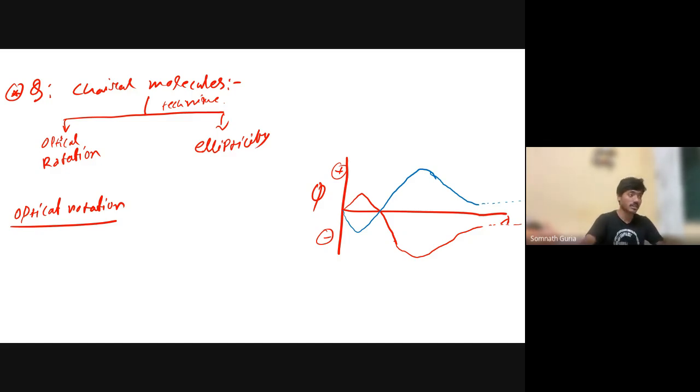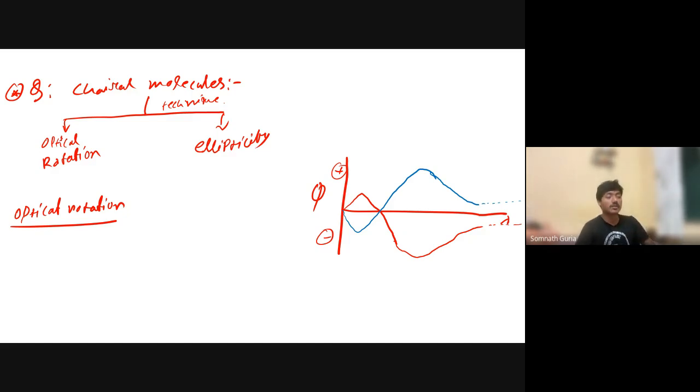So we can say that the optical rotation is applicable if we know the absorbance of the molecule. Otherwise, if we try to find the optical rotation without knowing the absorbance spectroscopy, there is a chance of wrong interpretation of our data.